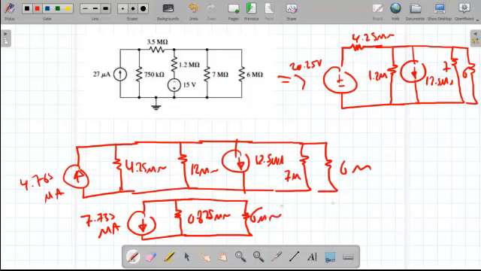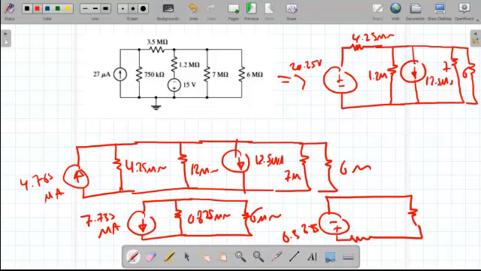Now this can be converted to a voltage source equal 6.385 volt, and this is the 6 mega ohm, and this voltage source will be just this resistor, which is 0.825 mega ohm. So the power dissipated in the 6 mega ohm will equal 5.25 microwatt. So please check all this answer.